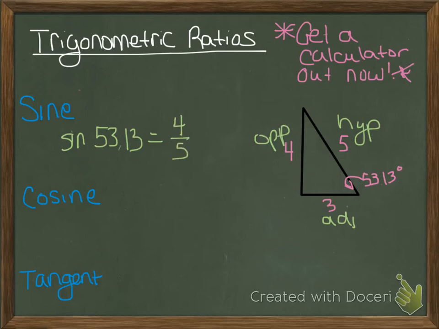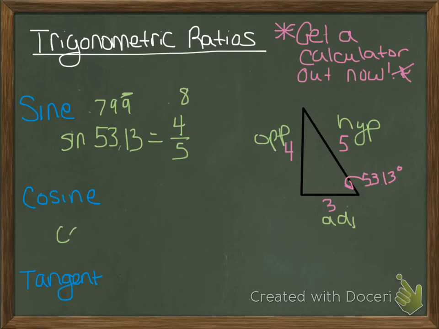So sine of 53.13 in my calculator is 0.799, repeating. 4 divided by 5 is 0.8. Very, very close. That's a rounding thing. Your calculator is going to be a teeny tiny bit off when you're rounding.